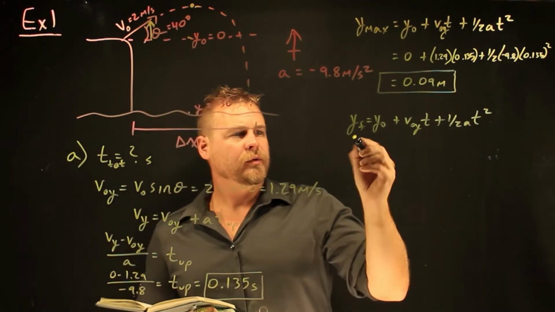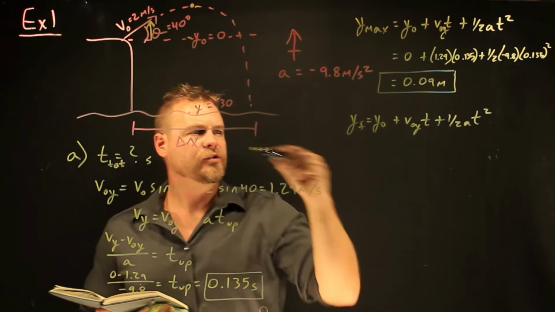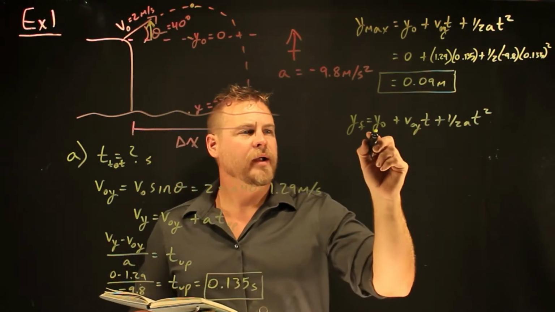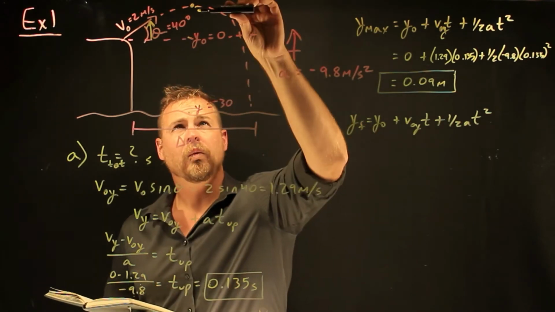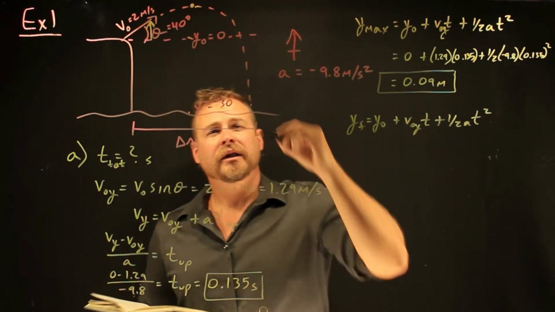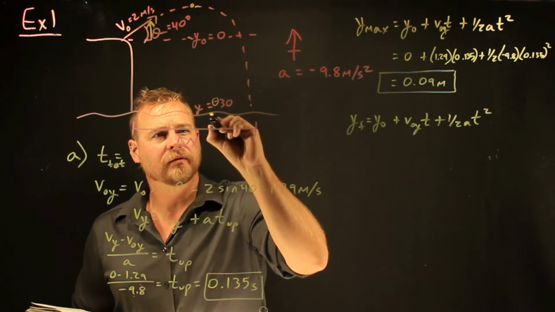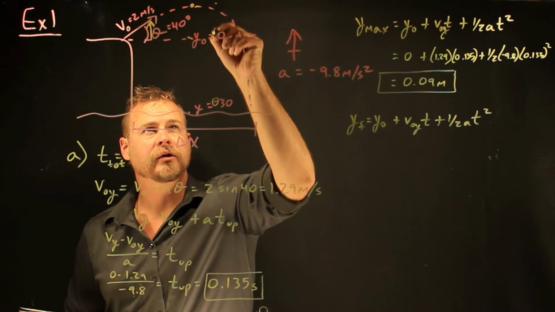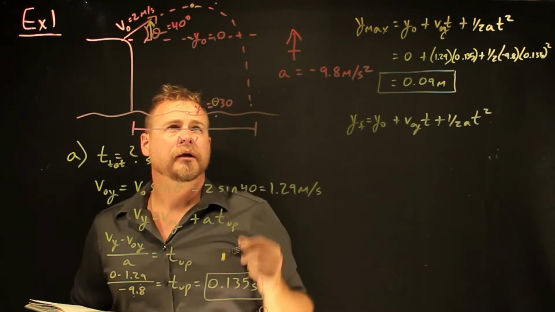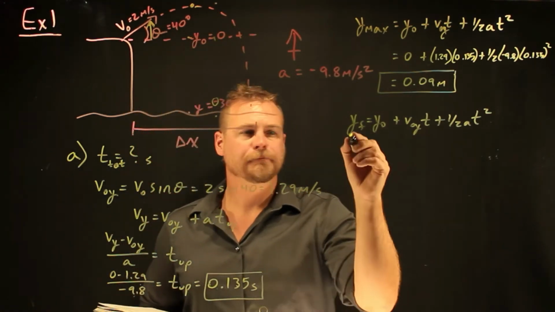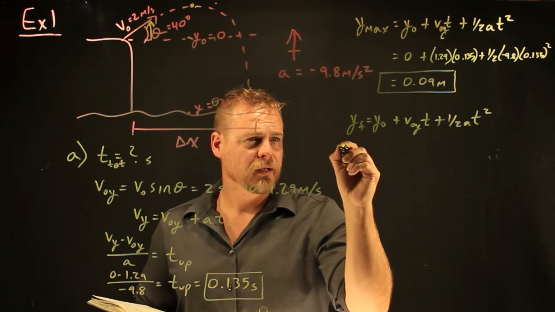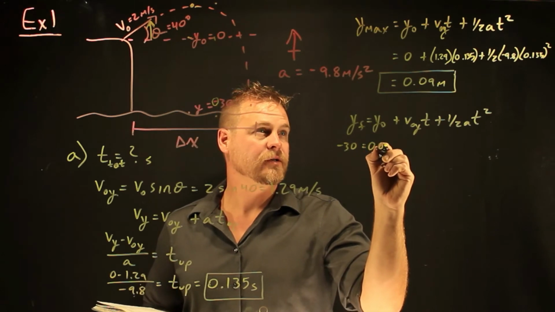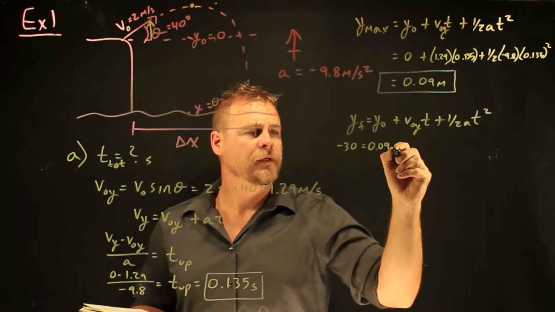The next portion here, I'm going to do my final y change with an initial y naught, and now my y naught is actually the y max, and you keep in mind this is a negative 30 because of my reference point, so I have to have 0. I'm starting above 0, and I'm going to go to 0 and then go past it. So the way that we're going to plug this in, I'm going to end up at negative 30, but I'm starting at 0.09 above.